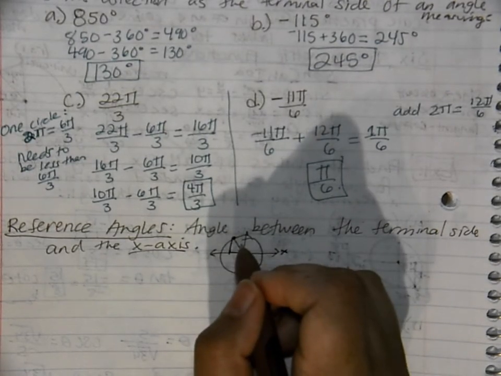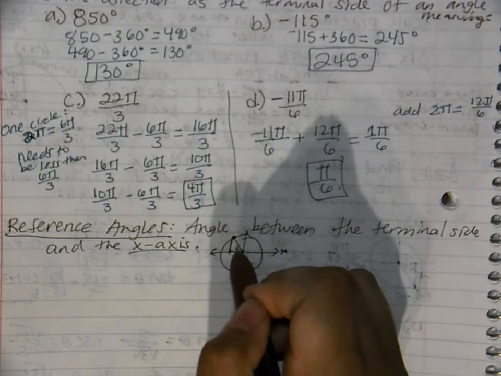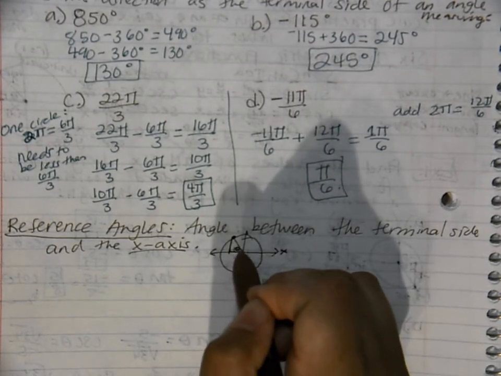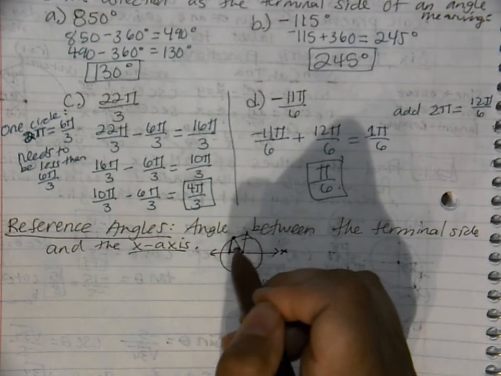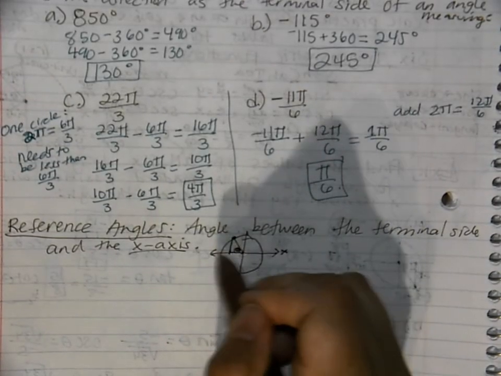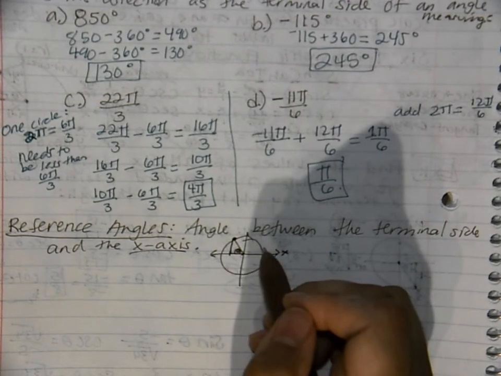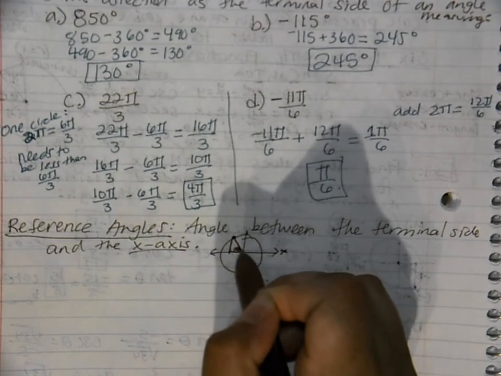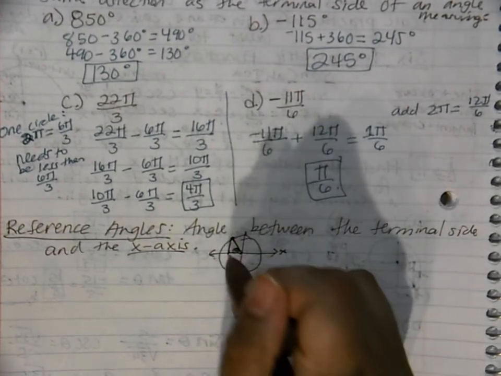It's how far away it is from the horizontal. It's always measured from the x-axis, not any other axis. That's our terminal side, and then this is our x-axis. So that could be how we find the angle there.